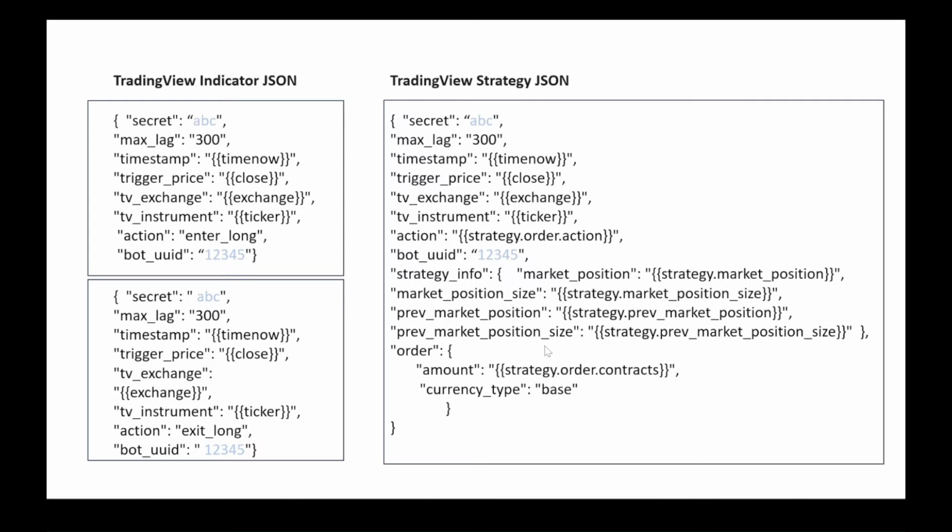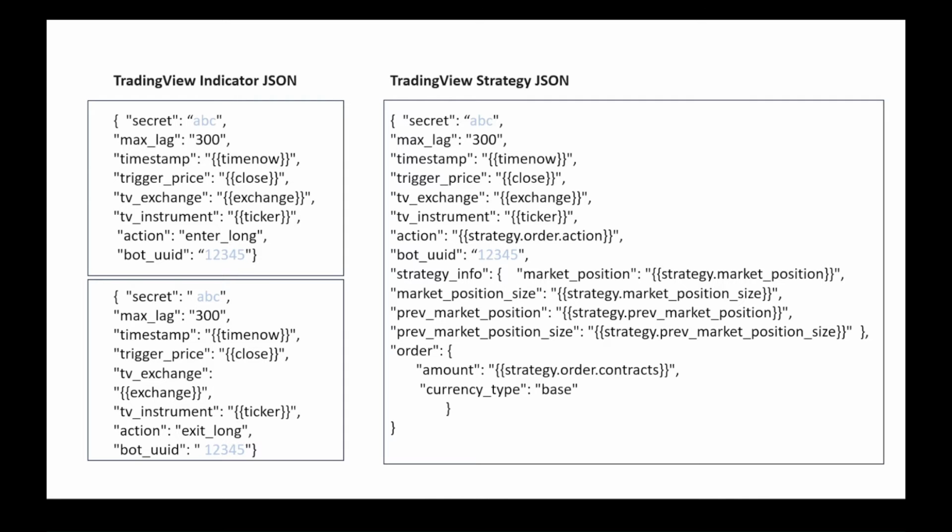The strategy has a bit more information here. There's more information that your TradingView strategy would pass as an alert. Similarly to the indicator, here we would tell in both whether we want to buy or sell. So we don't need to have one message for long and another message for short.